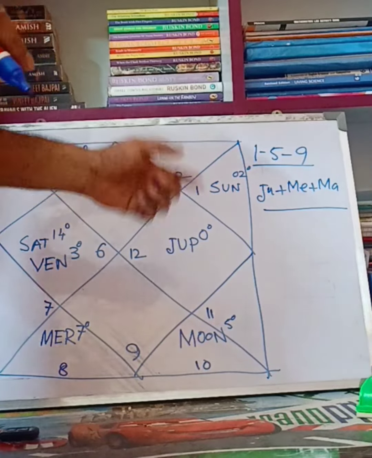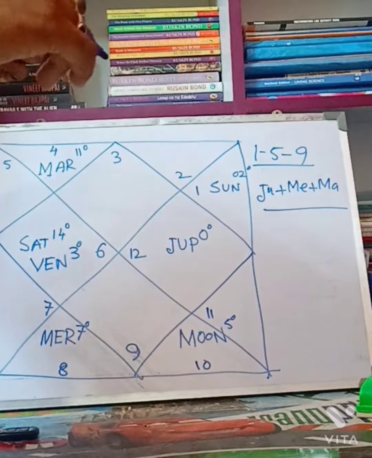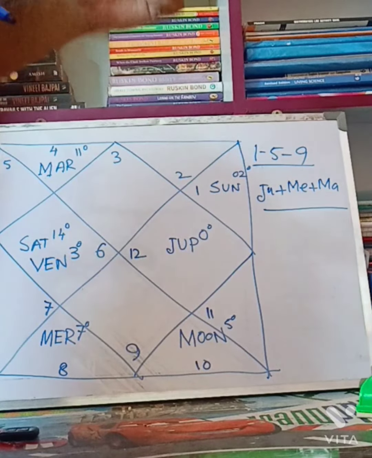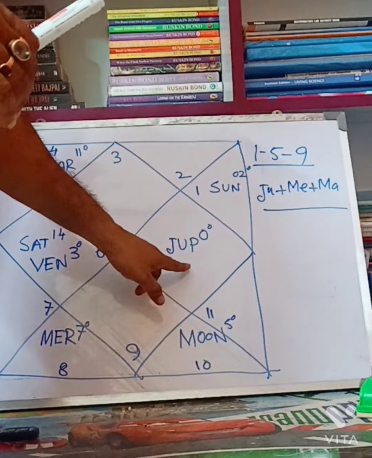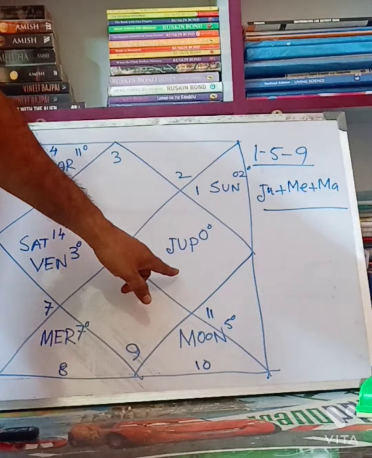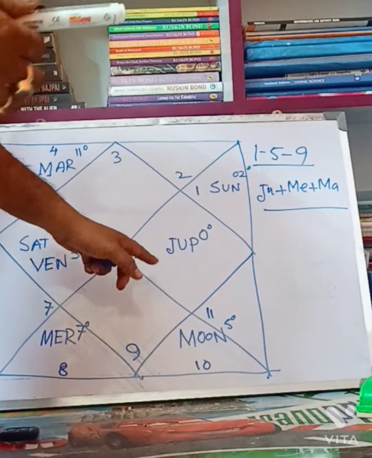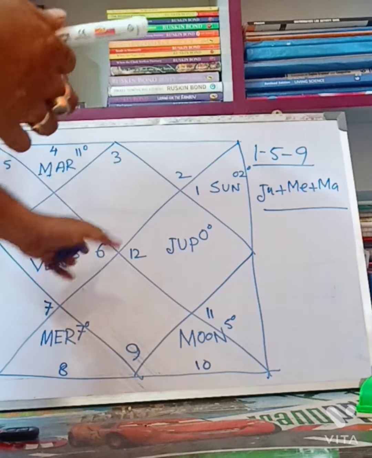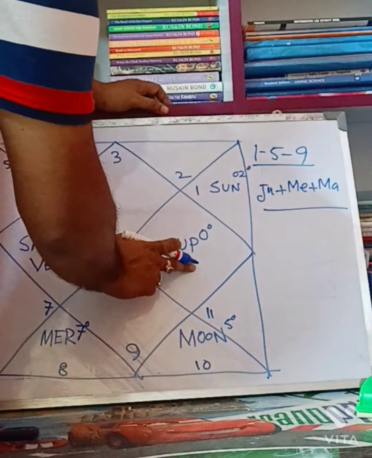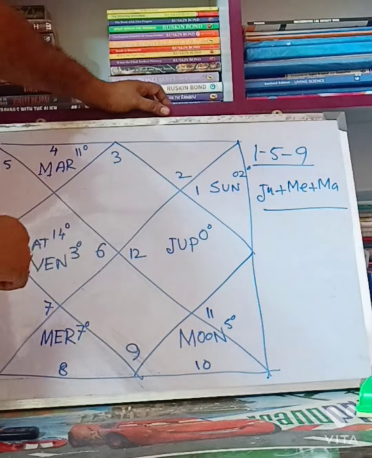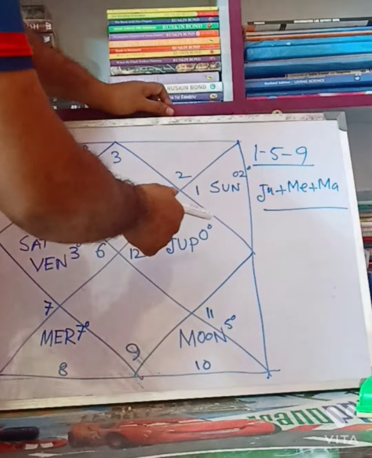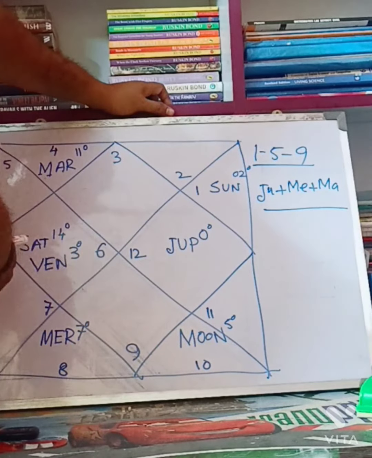Now the 7-7 connection. We also take into consideration here in Bhigu Nandi Nadi the 7-7 connection. Again, if we count from here, in whatever house, Jupiter here 1, 2, 3, 4, 5, 6, 7. So Jupiter is directly making connection through the 7-7 connection with Saturn and Venus.